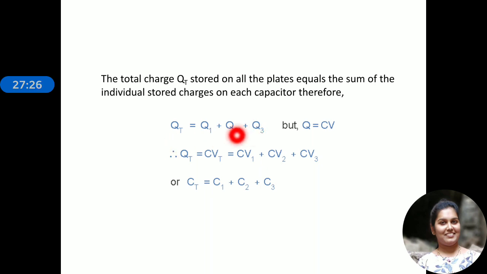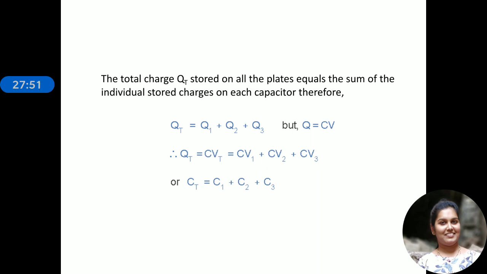So when I substitute all the terms in this expression, we get CVT is equal to CV1 plus CV2 plus CV3, right? Or we can write it as CT is equal to C1 plus C2 plus C3.